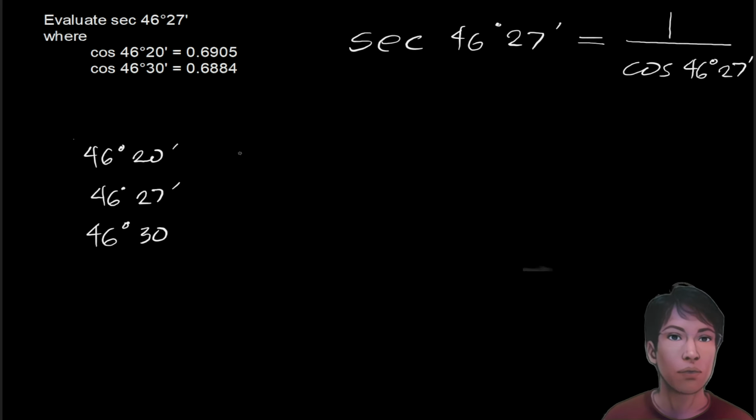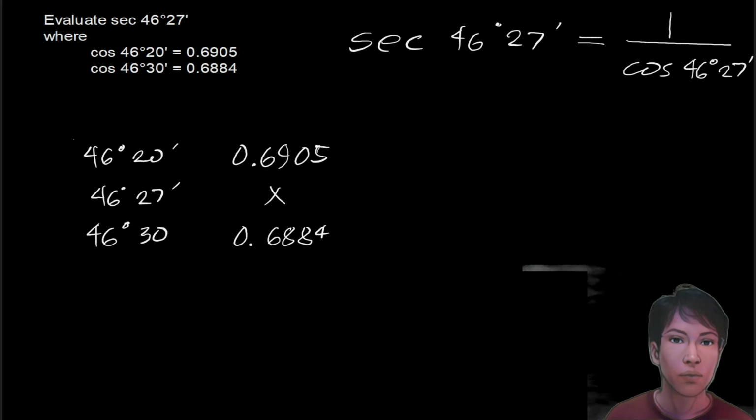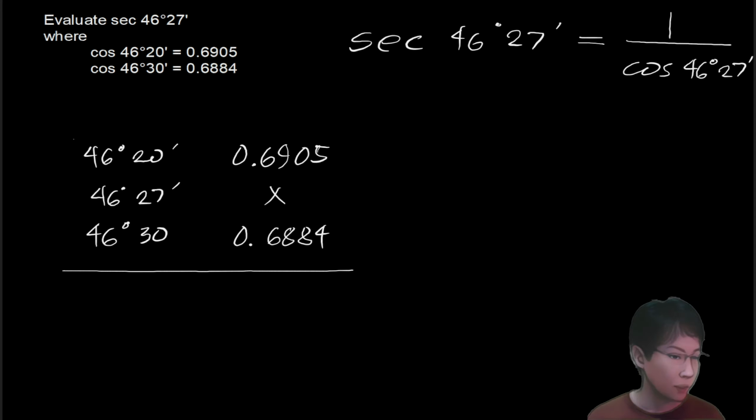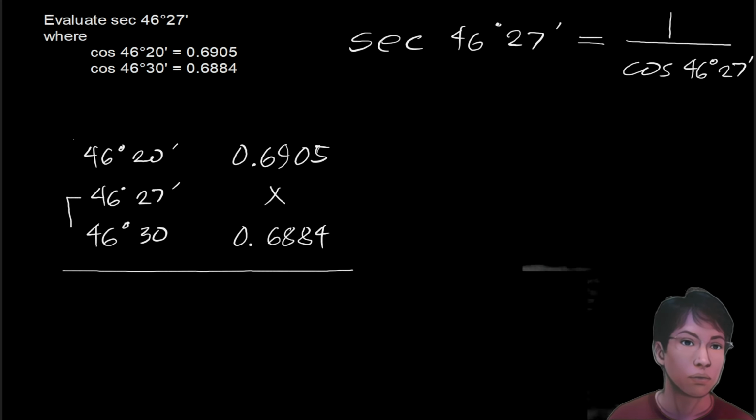Then we have the equivalent 0.6905, and this is x, and 0.6884. So again, employing interpolation, we start here.